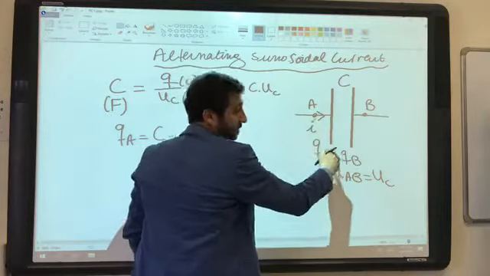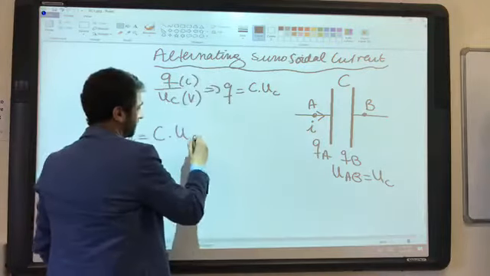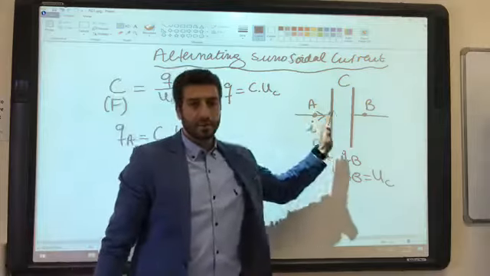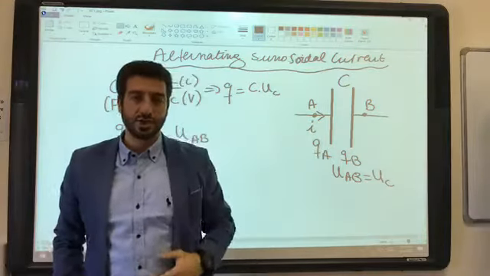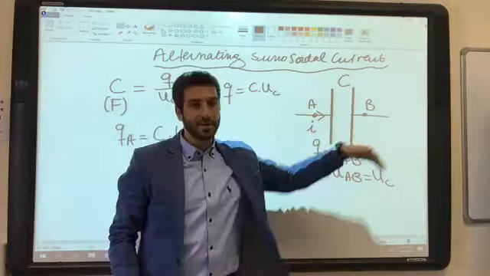If the current goes into A, this means that it is UAB.